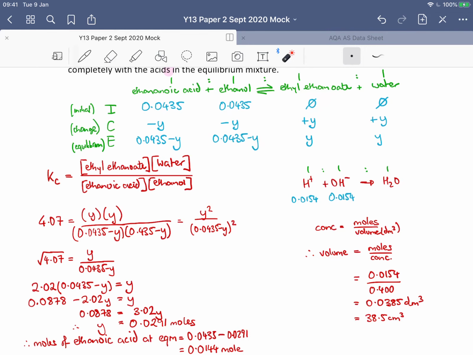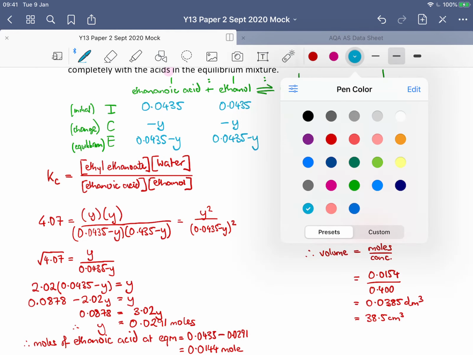Now, this is concentration, and these are moles. But because the total number of moles on the left is 2 and the total number of moles on the right is 2, the volumes cancel out. So maybe I should show you that.